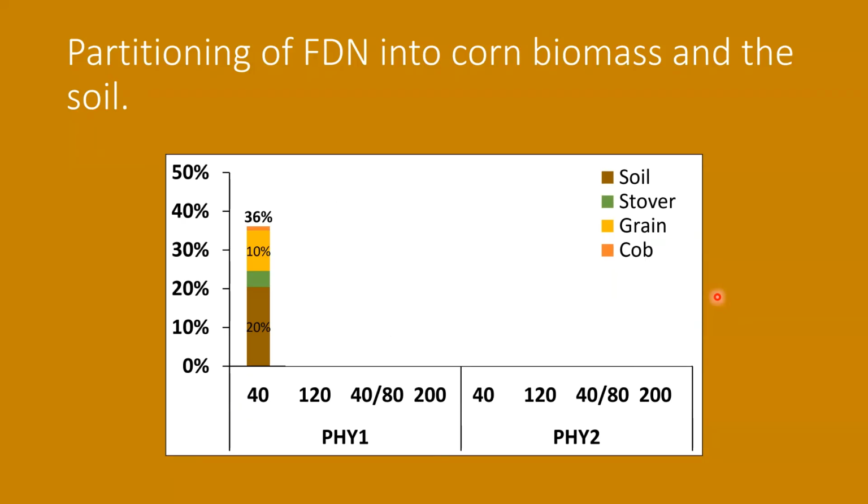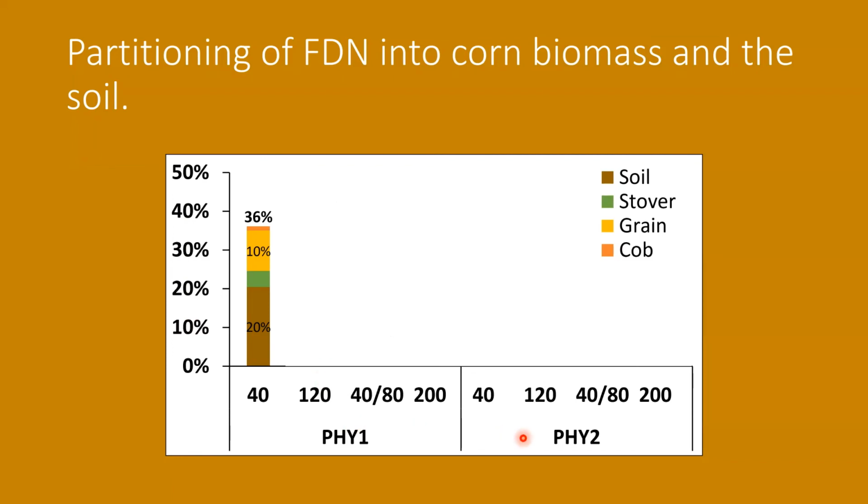Now, the last thing I'd like to talk about is how fertilizer-derived nitrogen was partitioned at the end of the first and second growing seasons. So now on the y-axis, we have the percent of the applied fertilizer-derived nitrogen. And then on the x-axis, we have the end of year 1 or year 2, so physiological maturity in the first year or second year.